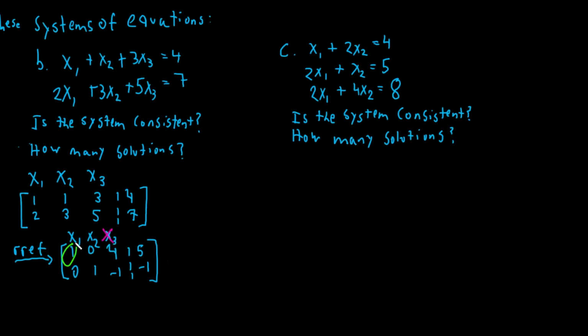Since the column doesn't have a leading one, and we don't have an impossible equation like 0 is equal to 4, this system of equations has infinite solutions. In other words, the system is consistent and it has infinite solutions.